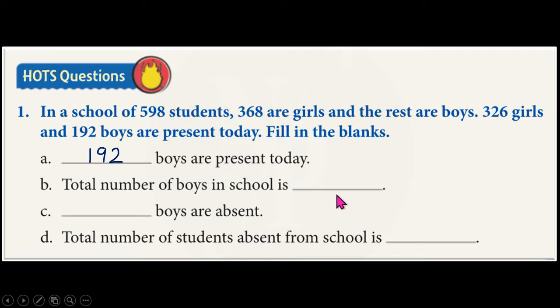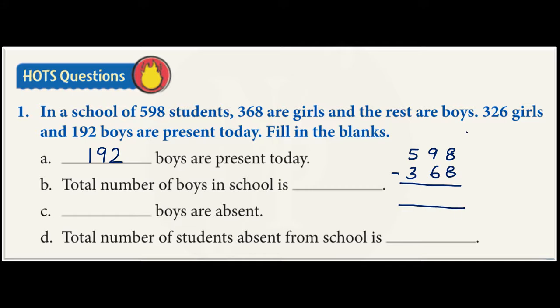Without subtracting, you cannot write the answer here. So we write down the numbers. Total number of students in the school is 598 and the number of girls is 368. On subtracting the number of girls from total strength, we get the number of boys in that school.